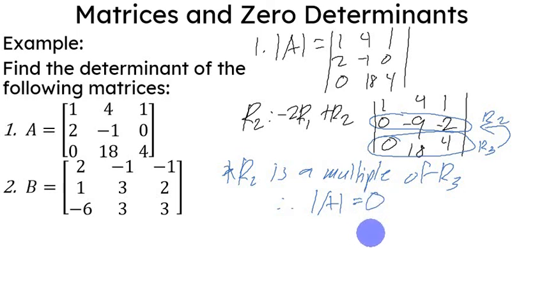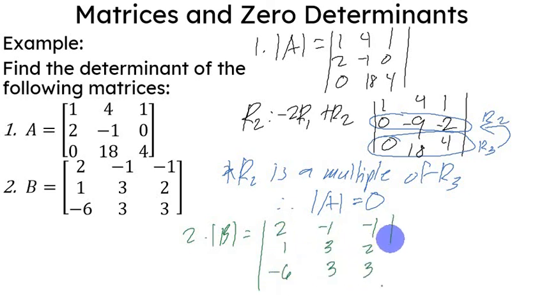How about matrix B? In matrix B, let's write that down. The determinant of matrix B would be the determinant of this matrix here. Now, here it's actually easier because row 1 and row 3, as we can see, are related.